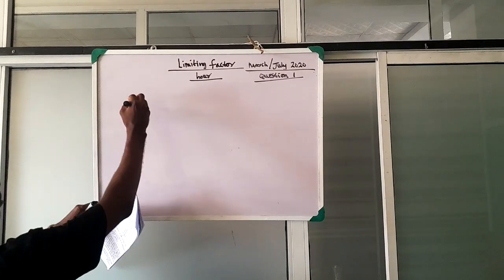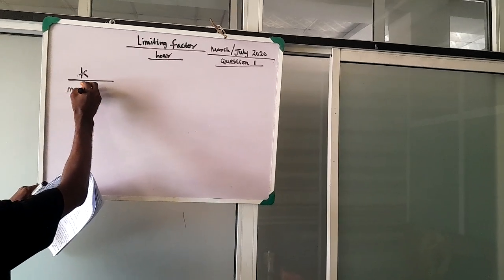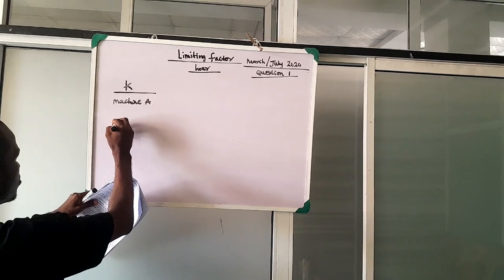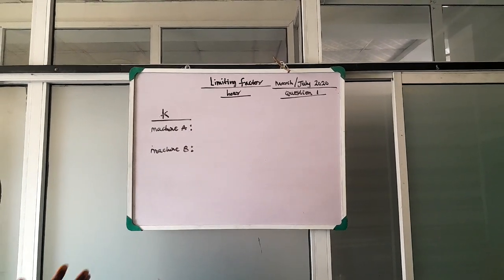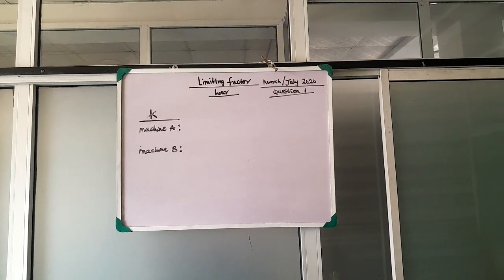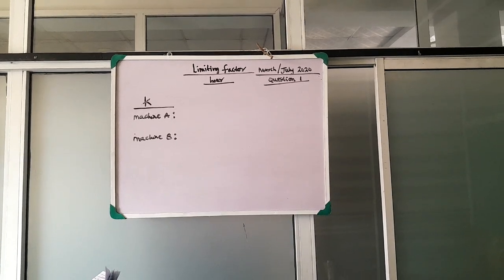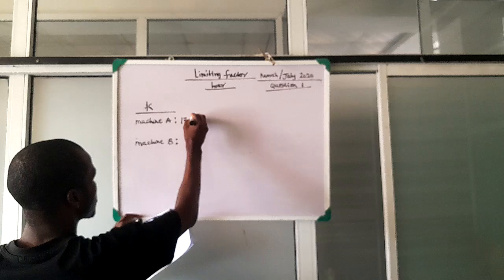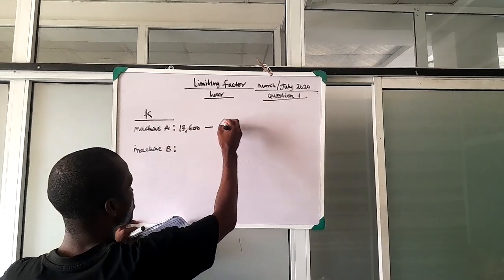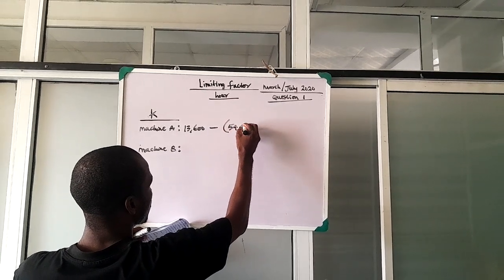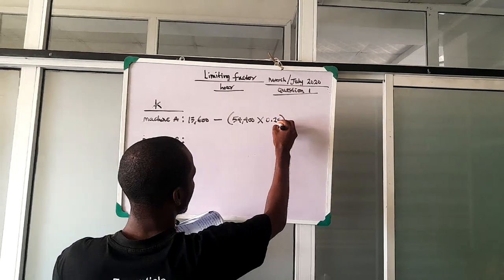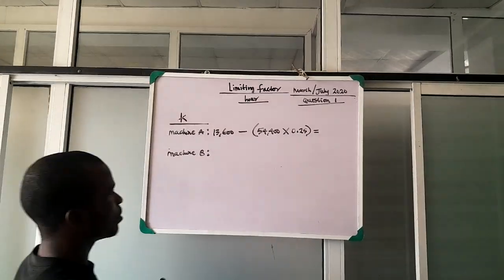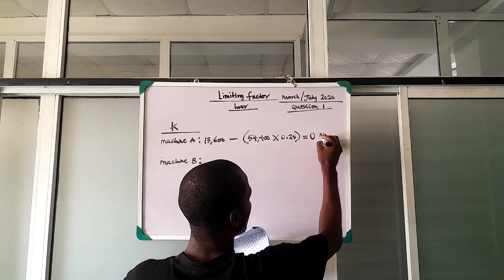So starting with K. Under K, we have Machine A and machine B. They gave us the hours, with respective maximum capacity of 13,600 hours and 15,360 hours for A and B. So for A, we have 13,600 minus what was used for A initially, 54,400 multiplied by 0.25. That would give us 0. So no surplus.